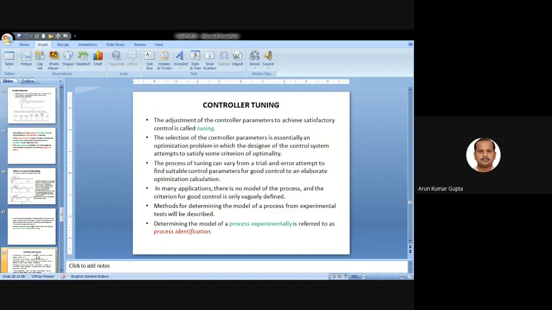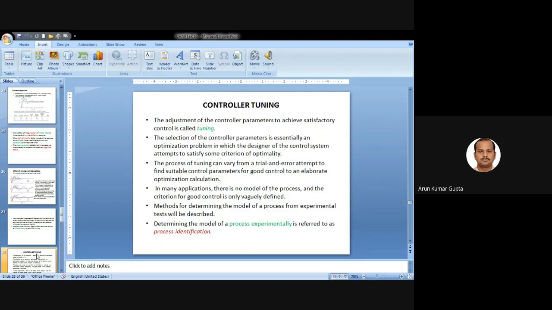Now the next topic is controller tuning. Up to this method, whatever we have discussed, we tried to find some initial guess about the parameters.